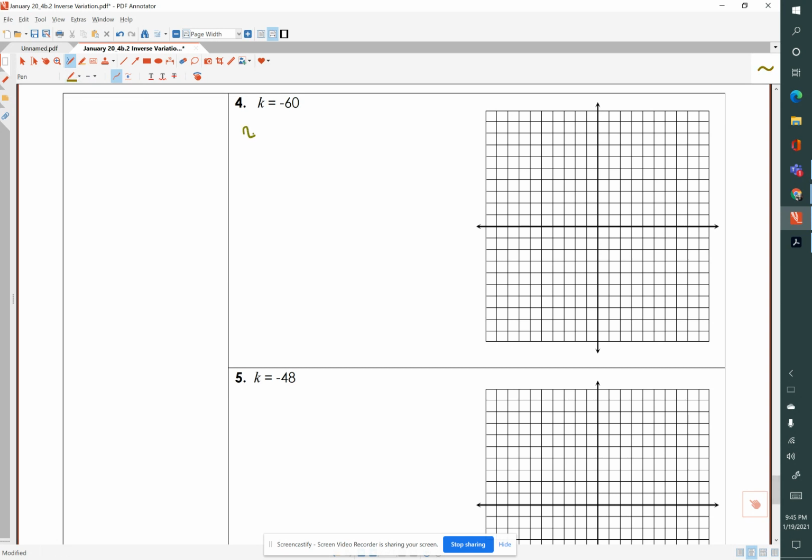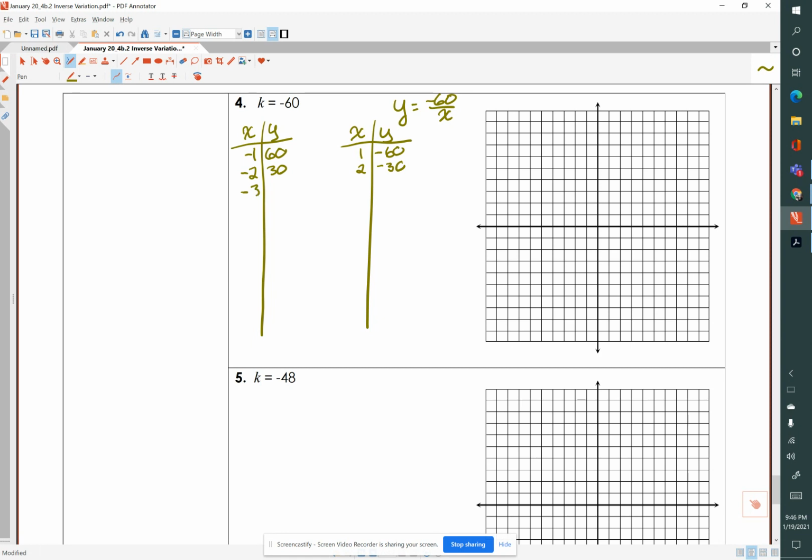Okay, so we're going to make our two tables for our x and y values. And we're going to have an equation of y equals negative 60x. Okay, so we've got negative 1 times positive 60, and that would be 1 times negative 60. We've got negative 2 times positive 30, or positive 2 times negative 30.